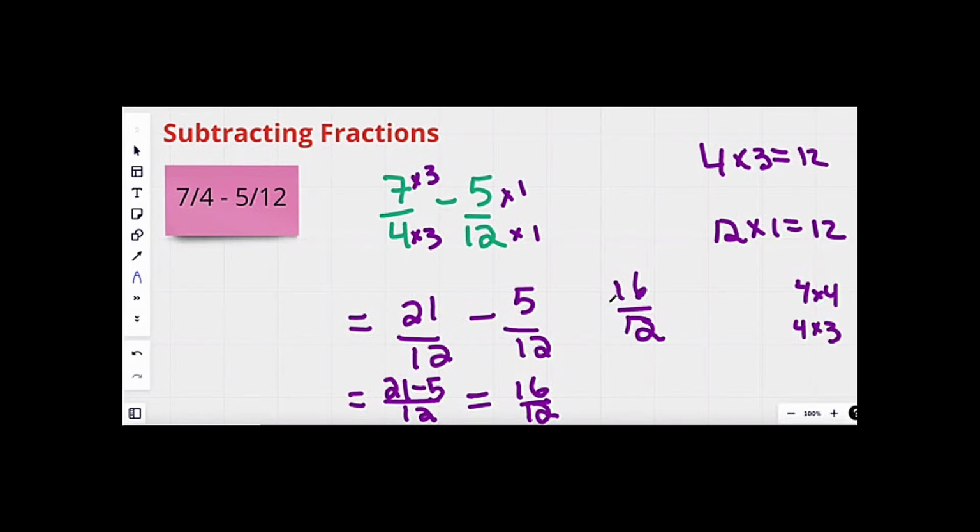So if we divide these two numbers by 4, because we're looking at the 4 times table, we can reduce this further to 4 and 3, because 4 times 4 equals 16, 4 times 3 equals 12. So our final answer is 4/3.